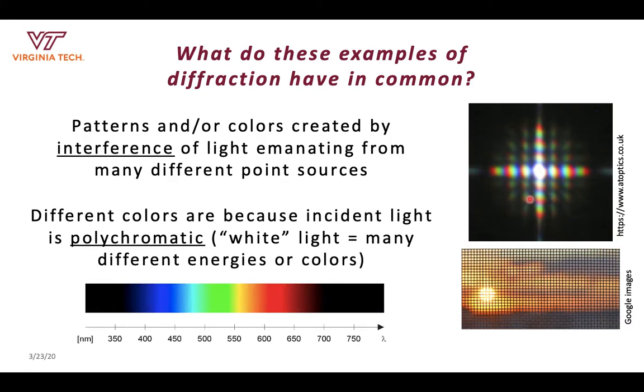Most of these examples show this color separation, where a very specific color is created. The reason that happens in these examples is because the incident light, the light that's shining on that surface, is white light or polychromatic, which means it's made up of many different energies or colors from the visible portion of the electromagnetic spectrum.